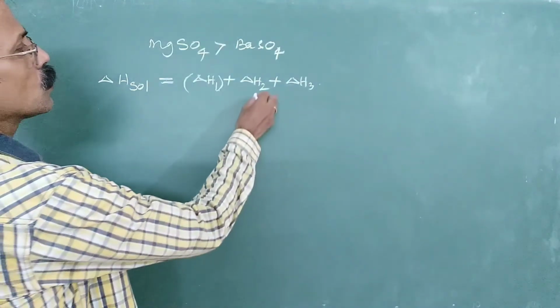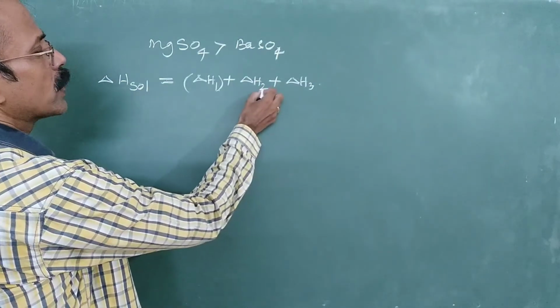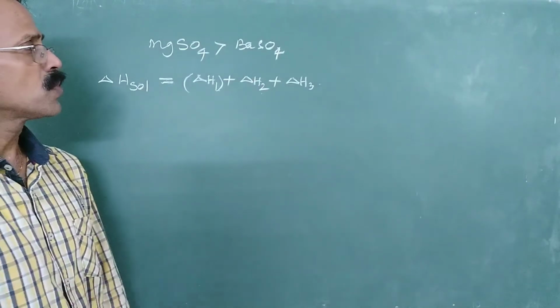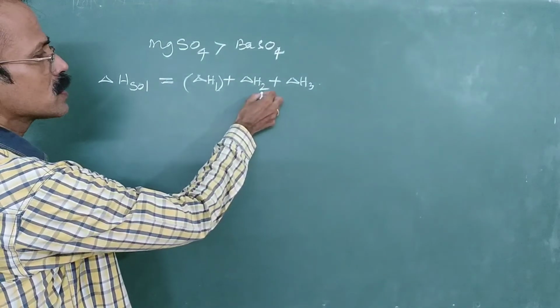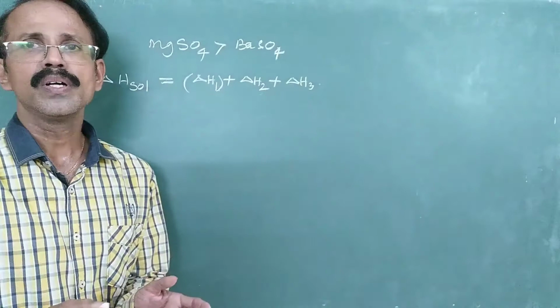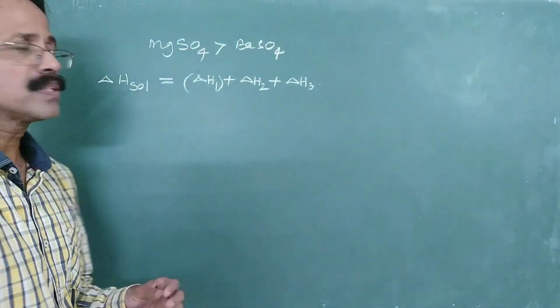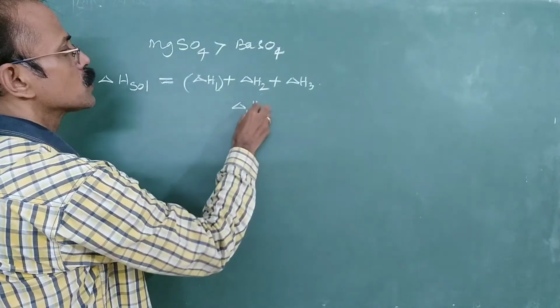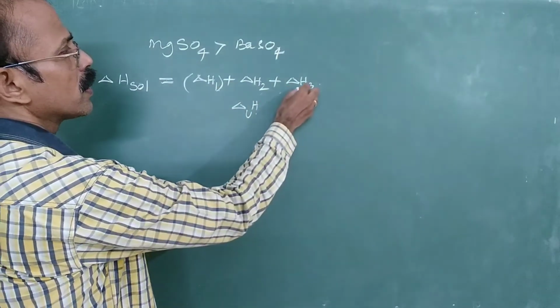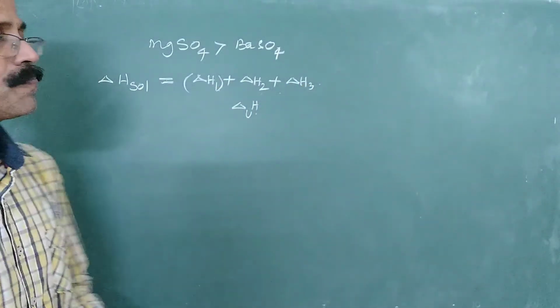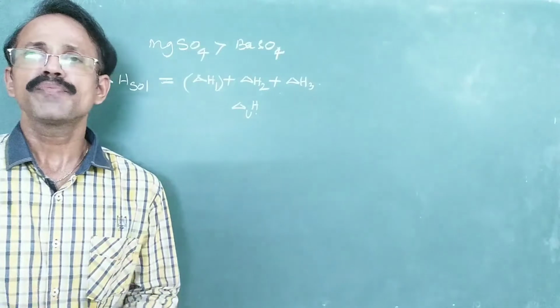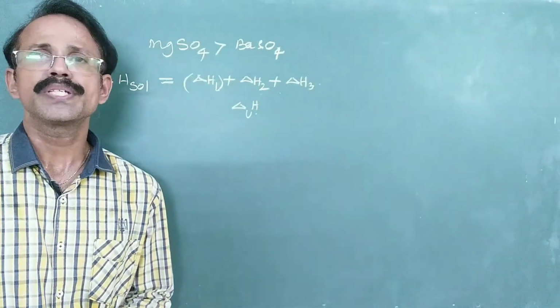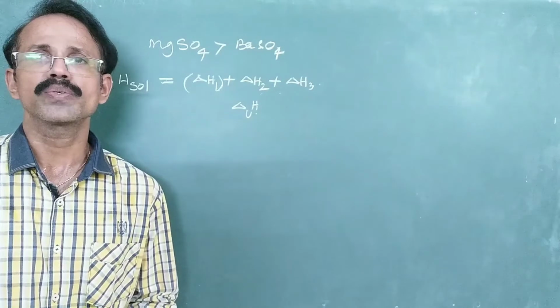Here we are talking about the solubility of ionic compounds in water. So the second step involves the separation of oppositely charged ions, so it is equal to lattice enthalpy. Now in the third step, attractive forces are developed between oppositely charged ions and water molecules.